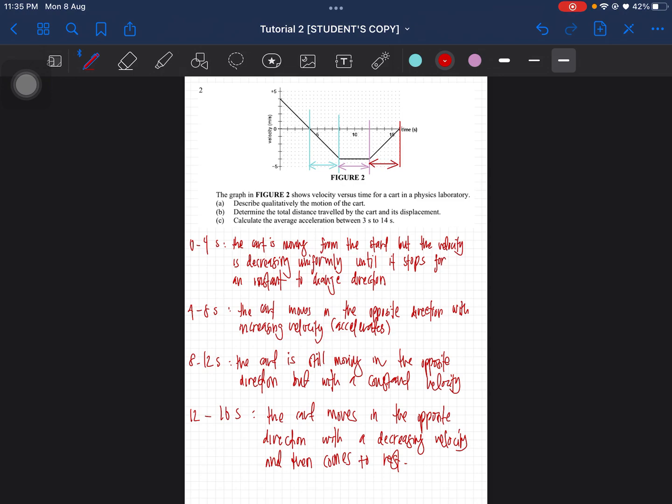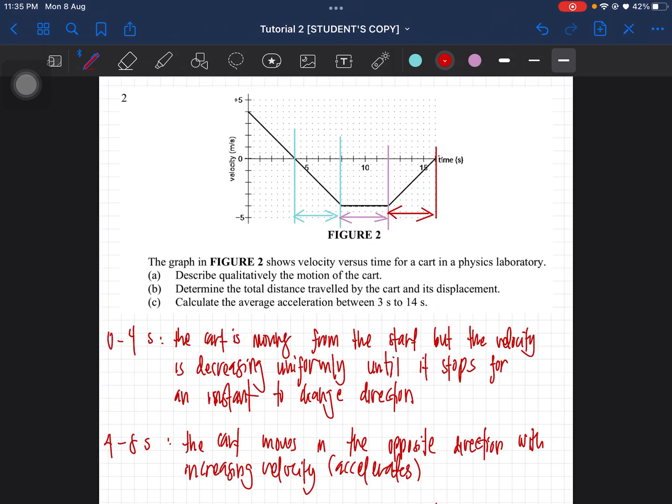Okay, and then we have to calculate the distance traveled by the cart. Distance is just speed multiplied by time, so speed times time equals distance.